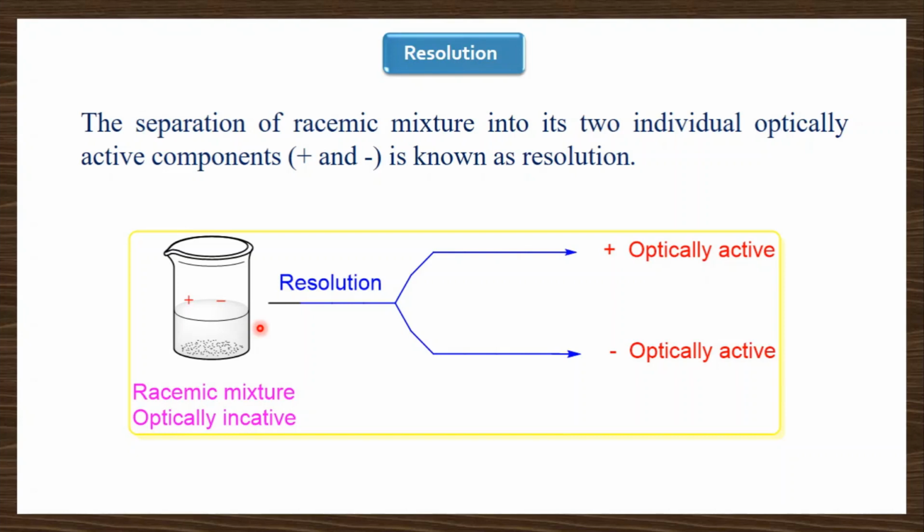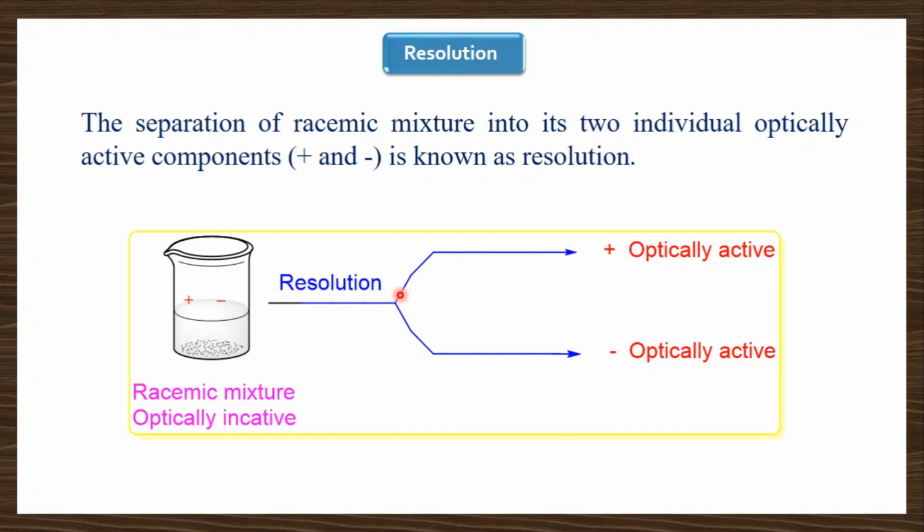Okay, so consider this beaker, having your racemic mixture, and you know that this racemic mixture is optically inactive, and you are separating it by resolution. It is one of the chemical methods, the separation of a racemic mixture into its two individual optically active components, plus and minus.